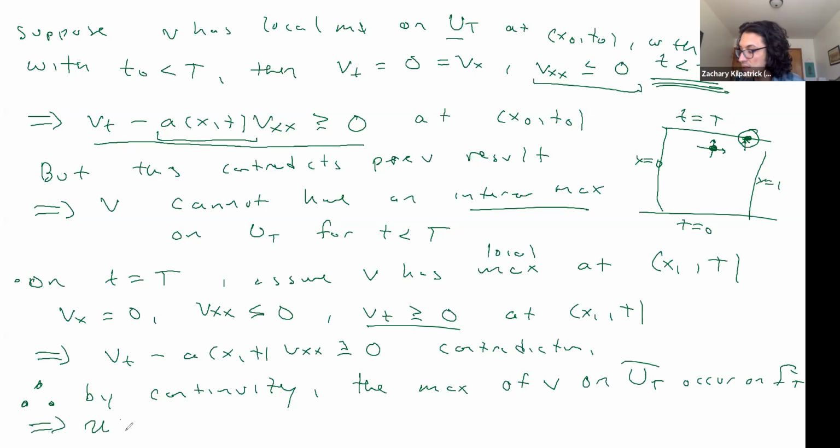Furthermore, this implies that u(x,t) plus epsilon x squared, we can bound this from above by the max over our boundary of u(y,t) plus epsilon y squared, right?